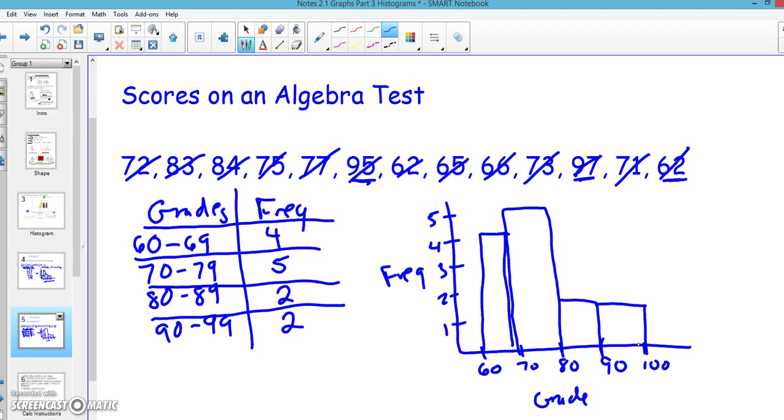And that tells me good visual for illustrating the grades that were achieved on the test. Might need to go back and study that unit just because there were so many grades that were down here below where you would want them to be.